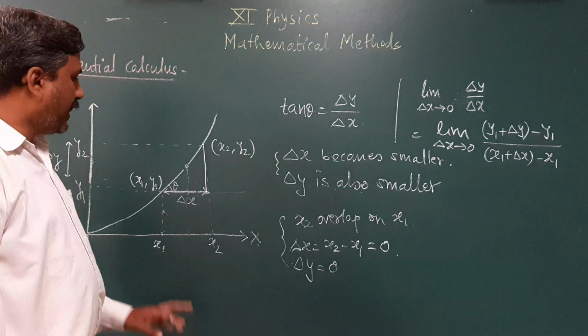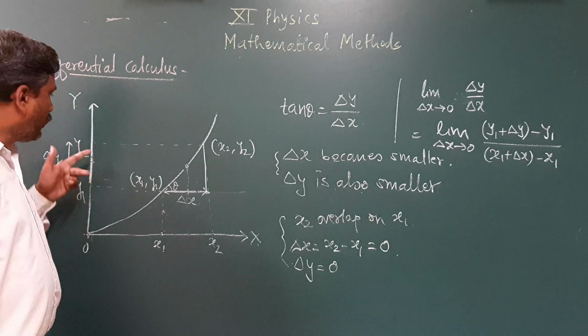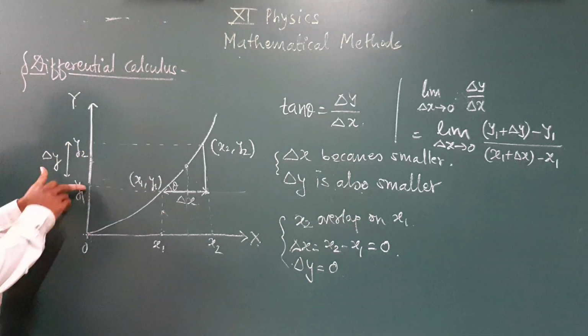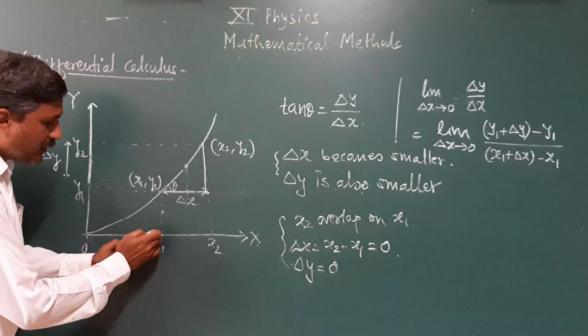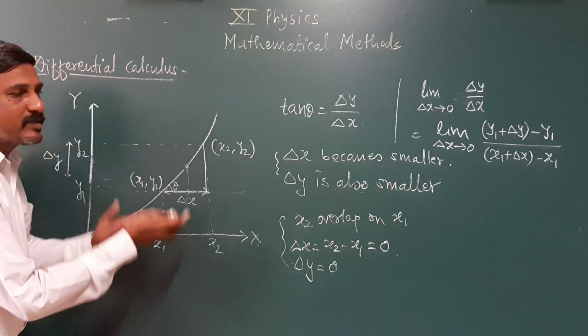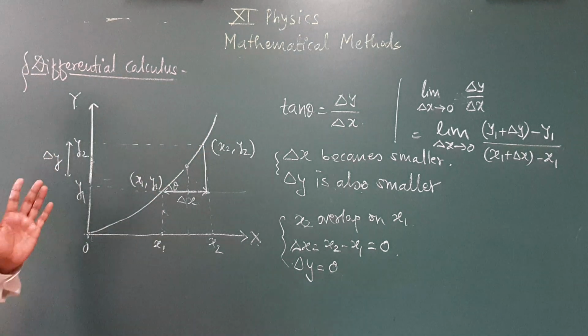Or simply we can write y2 minus y1. But what is y2? y2 means y1 plus delta y. x2 means x1 plus delta x. The same thing is written. Okay?